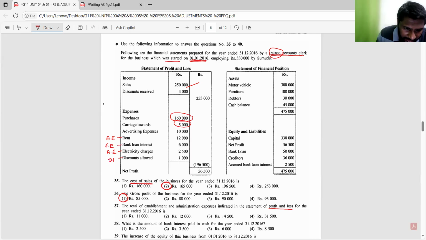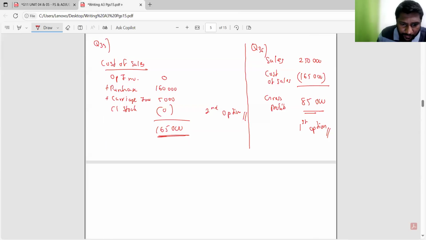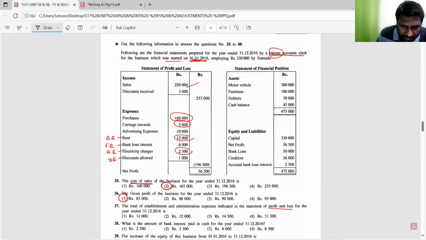Discount allowed is distribution expense. That's all. Then admin expenses we have 12,000 and 2,500, which is 14,500. Question 37. 14,500 is there in the third option.